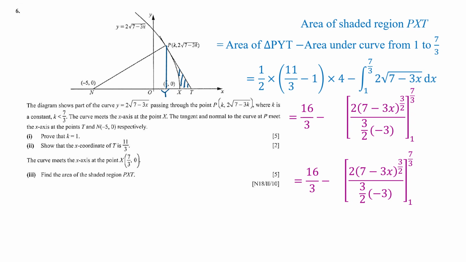This is the area under the curve, this part here. So we are finding the area of the triangle PYT, which is a right angle triangle, so you can use half base times height, minus away the area under the curve, bounded by the curve, bounded by PY, bounded by YX.